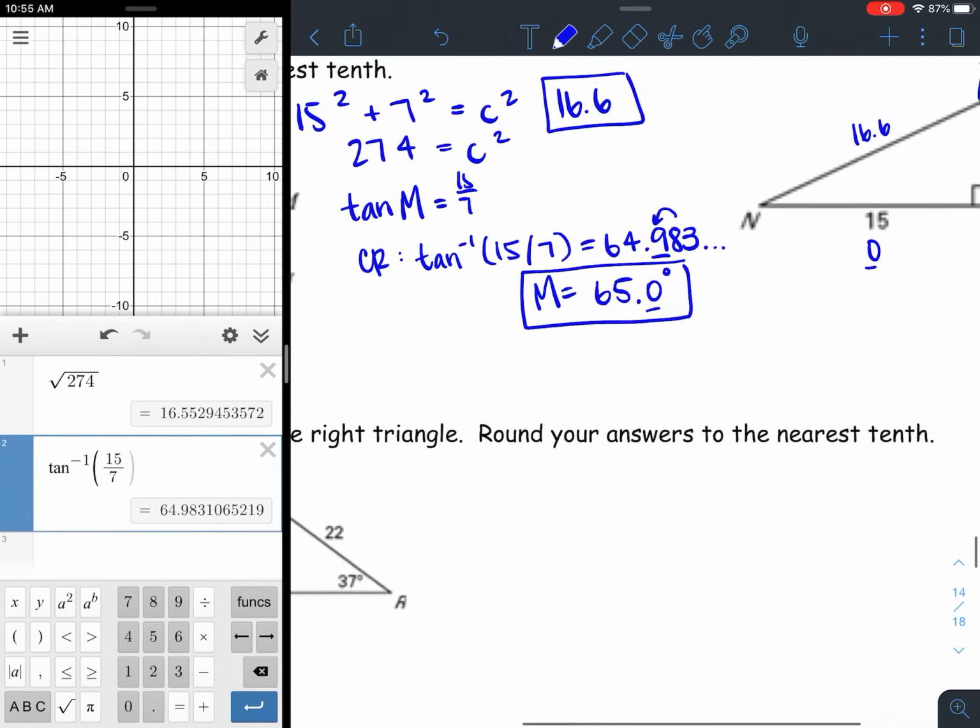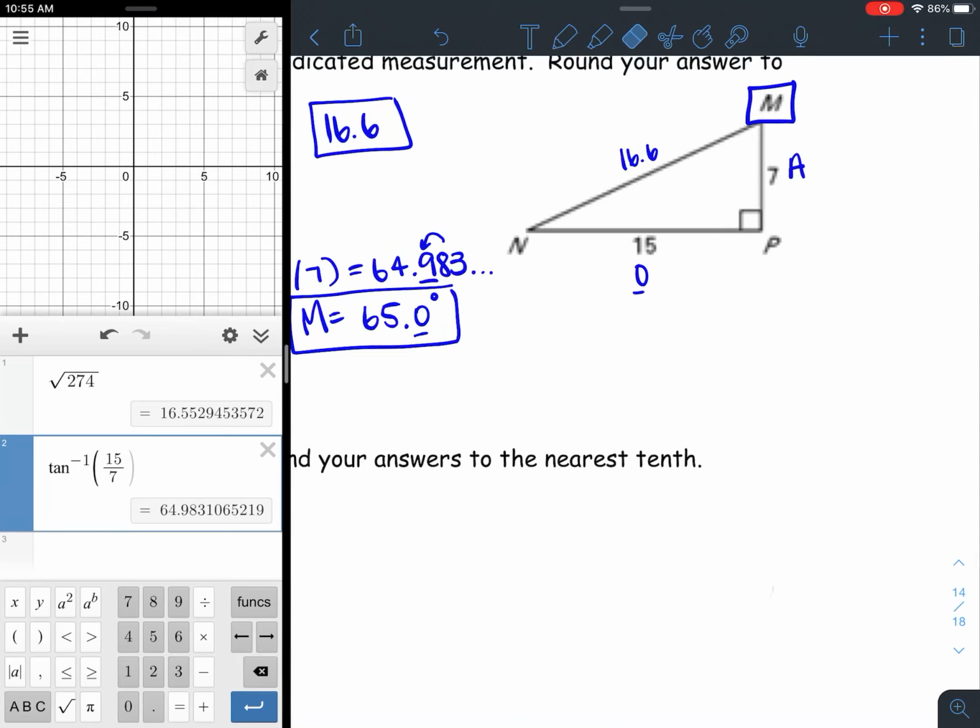And let's work on angle N. So I'm going to go ahead and erase all this. For angle N, I now have 15 as my adjacent and 7 as my opposite. So I'm going to set it up the same way with tangent. The tangent of angle N is equal to the side opposite, 7, over the side adjacent, 15.